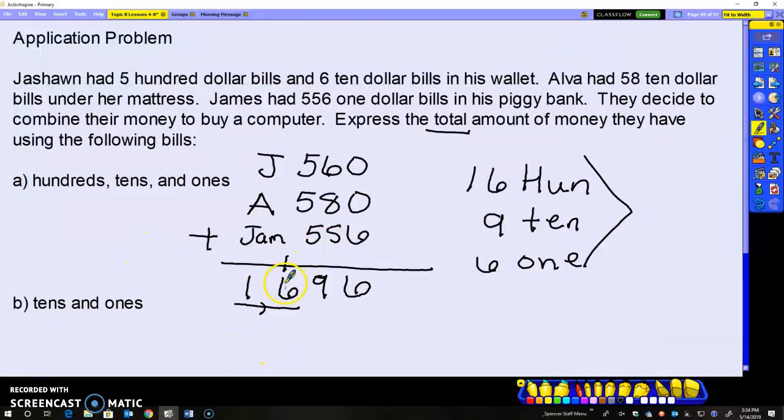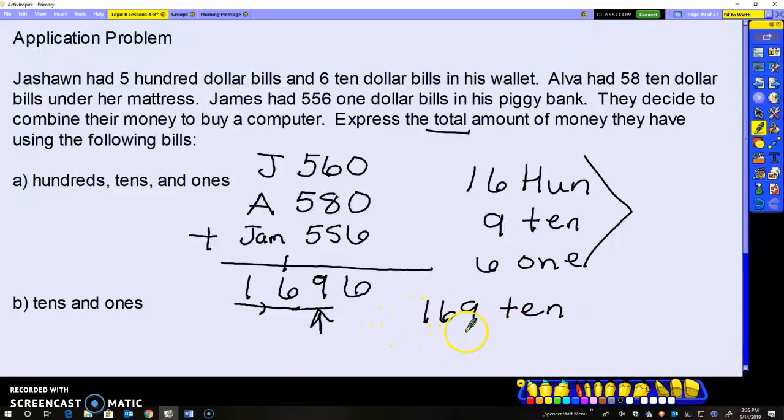Okay, so using that same number, now I can only use tens and ones. If I decompose all these, this 1,000, this 600, down into tens, now I'm thinking, well, I have 169, there's my tens place, I have 169 $10 bills, okay?